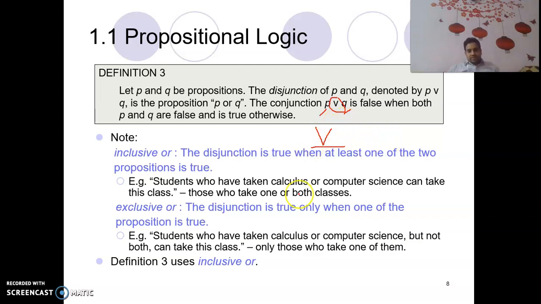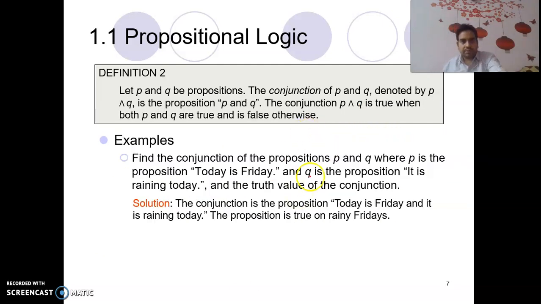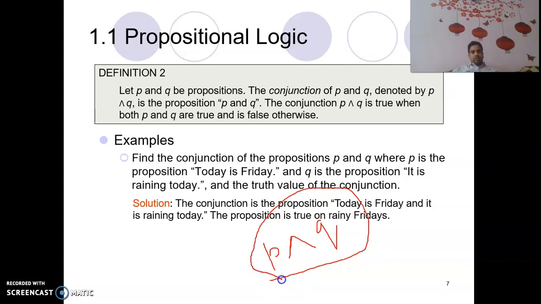If we look at the previous slide, when we talked about conjunction, p and q were the propositions, and we said that if we connect them using the conjunction, then the whole statement is also a proposition, either true or false.